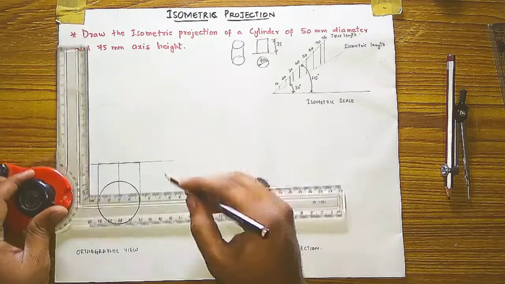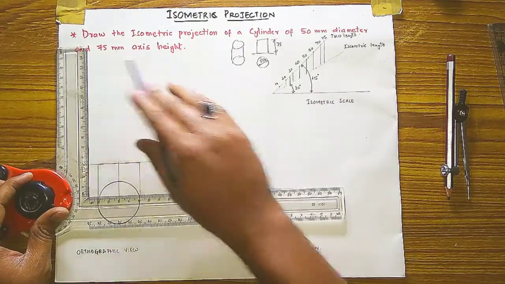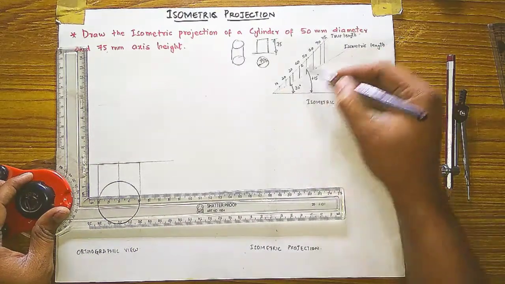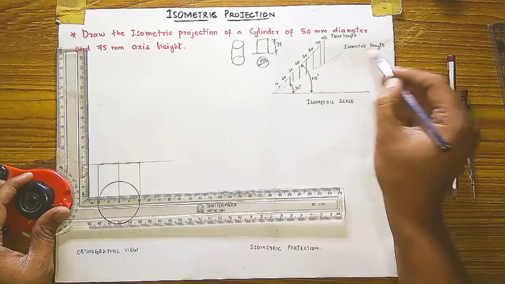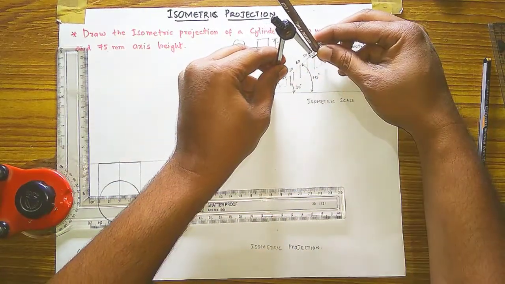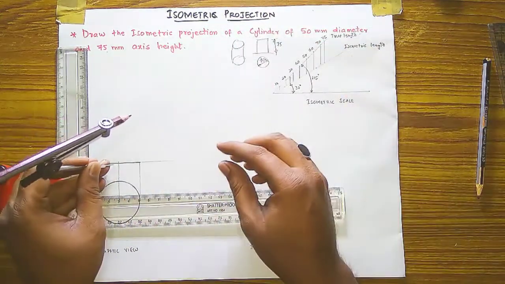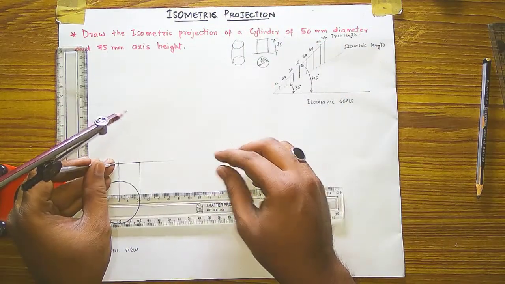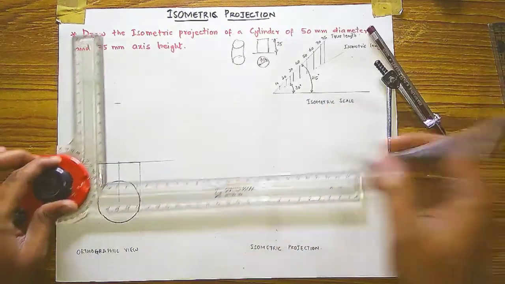This is the base of the cylinder, and the height is 75 mm in the question, but here in the isometric scale we take the isometric length of the 75 mm true length. So adjust the divider to that 75 mm. This much length is the axis. So from here only you have to take the axis side this much.